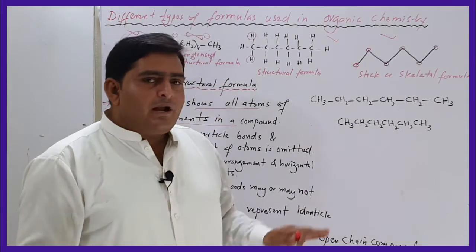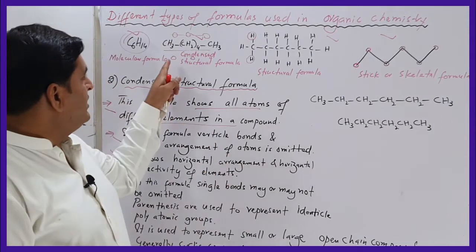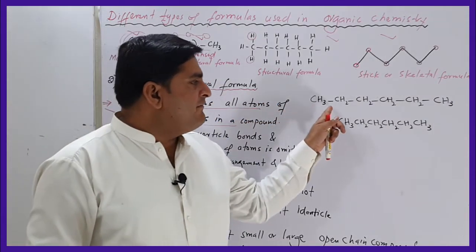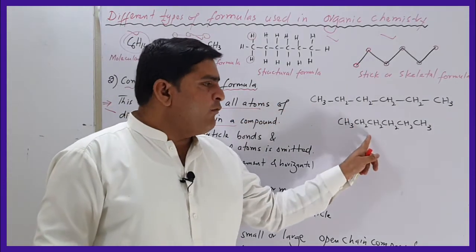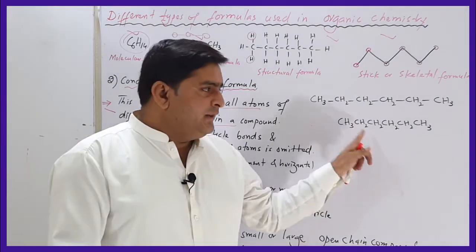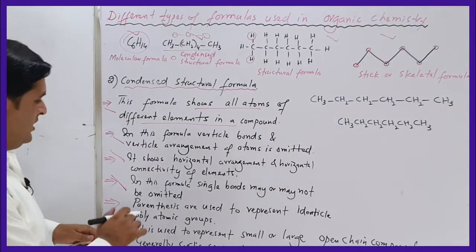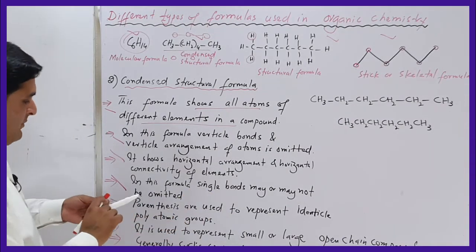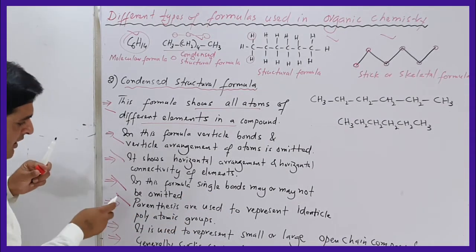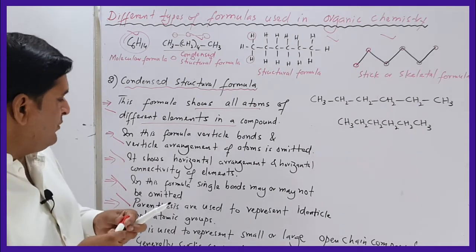So there are three ways of writing the condensed formula. One is that we represent single bonds, another is that we omit single bonds, and the third is that we use parentheses. Parentheses are used to represent identical polyatomic groups.